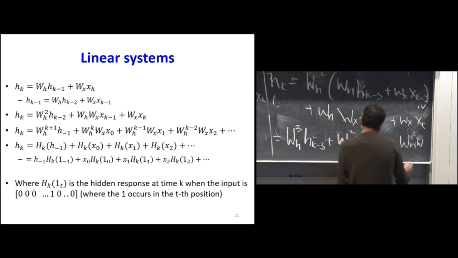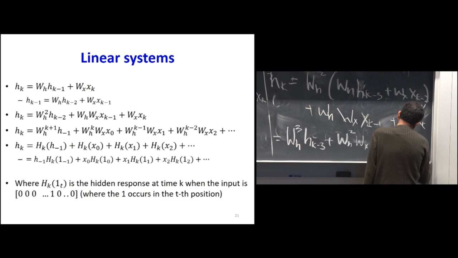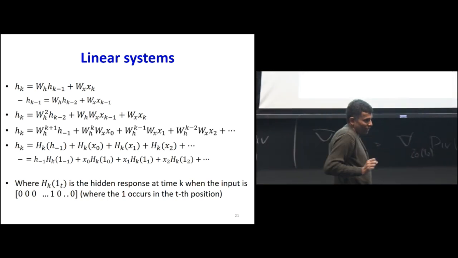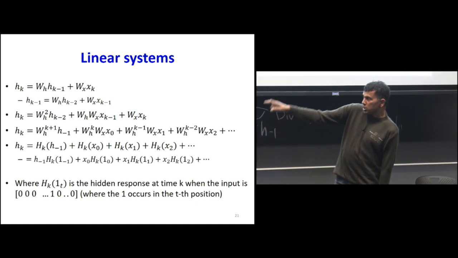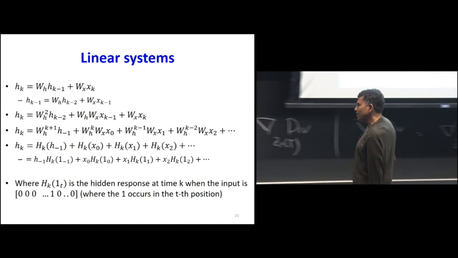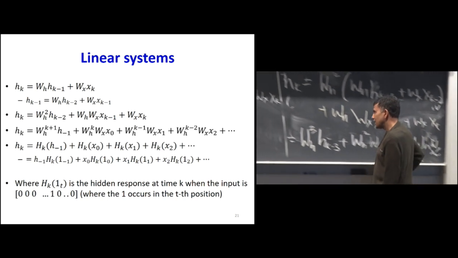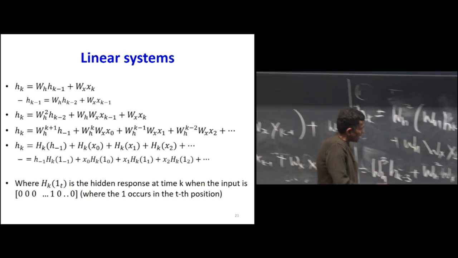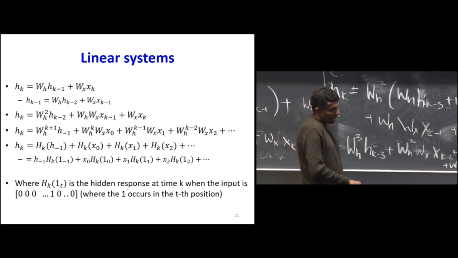WH, WX, XK minus 1, plus WX, XK. So you can see how I can write this recursively, in terms of previous values. And although the original equation is nice and tiny, what eventually happens is that I can keep pushing this hk minus 3 backwards.